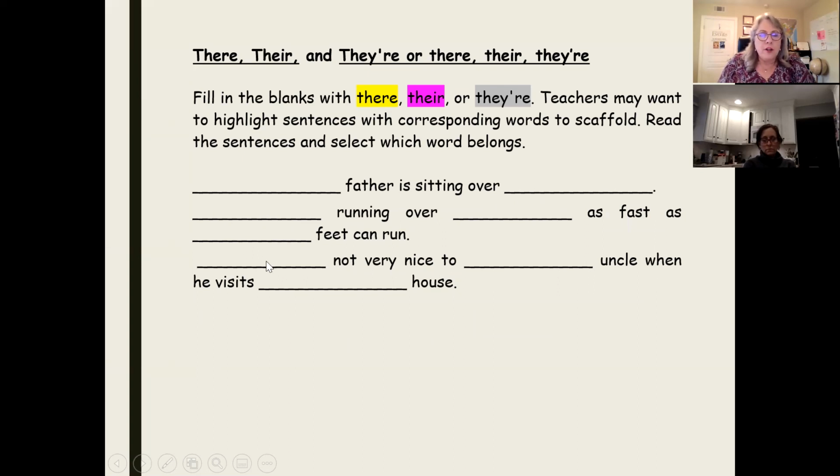They're not very nice to their uncle. So they are, it needs that verb there. To their uncle, they own the uncle, so it's going to be the ownership there. When he visits their house, again, it's going to be the ownership, so it's going to be the heir, which is their. Does that make sense? Yes.